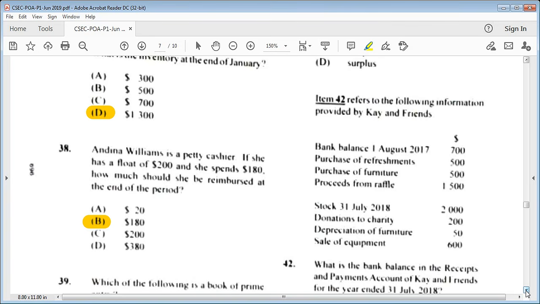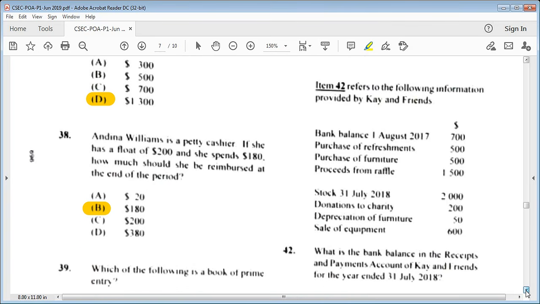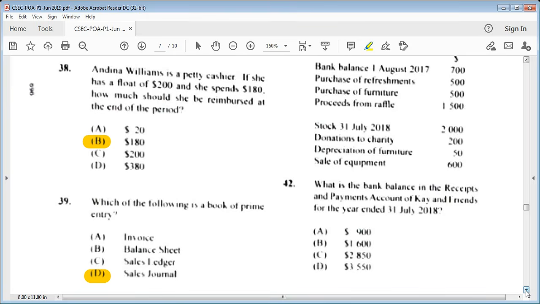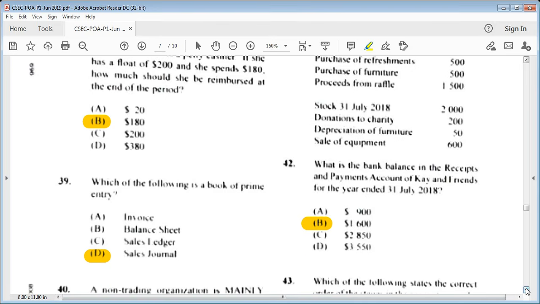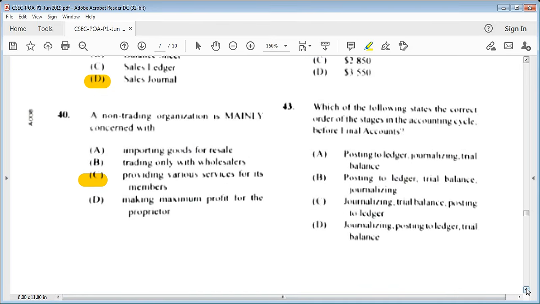Sales of equipment, $50. The question says, what is the bank balance on the receipts and payments accounts of K and Friends for the year ended 31st of July 2018? Your answer should be $1,600.